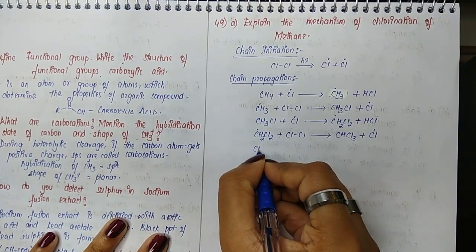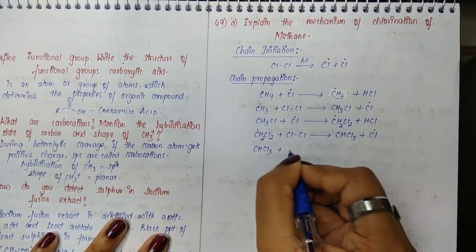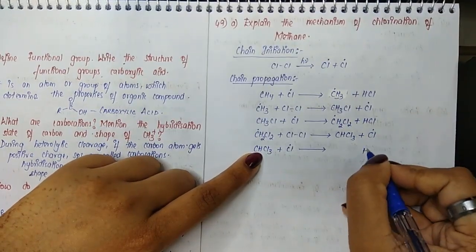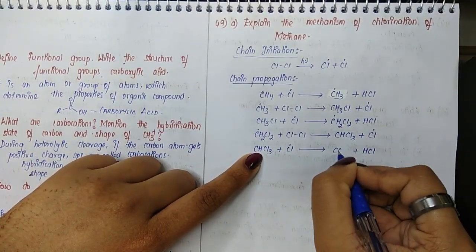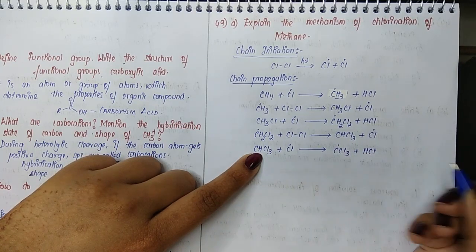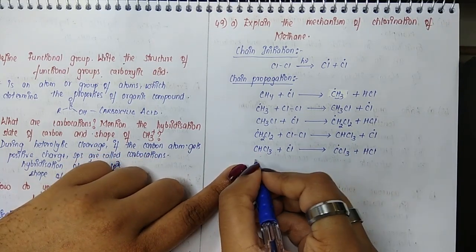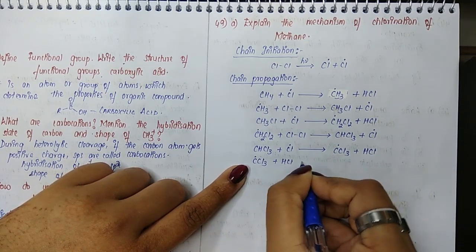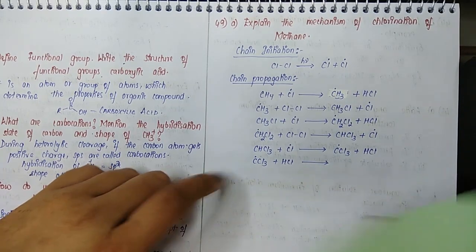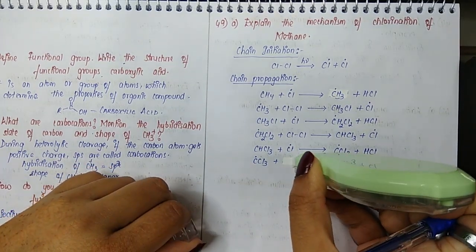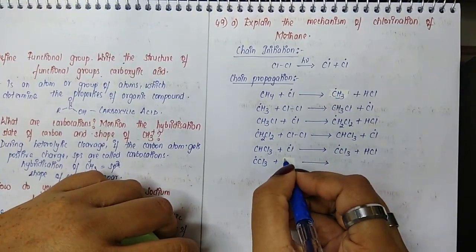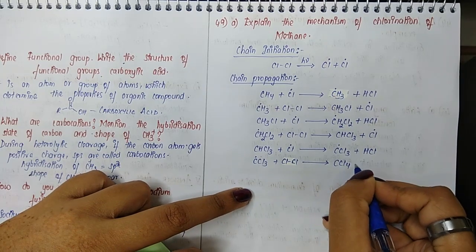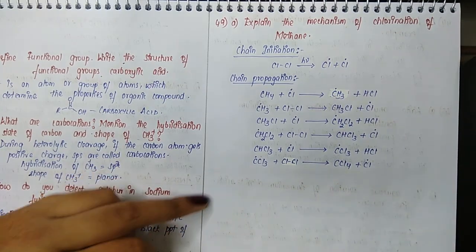Again the process repeats. You get CHCl3 plus Cl dot, which will give one hydrogen and one chlorine out, and you are left with CCl3 dot. Now this will further react with Cl2 to form CCl4 plus Cl dot.